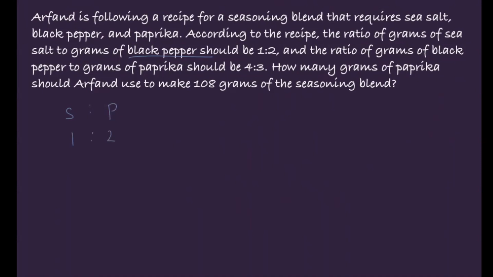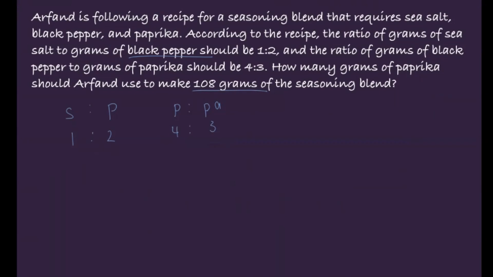And the ratio of black pepper to, let's use PA for paprika, is 4:3. So how many grams of paprika should Arfan use to make 180 grams of seasoning blend?